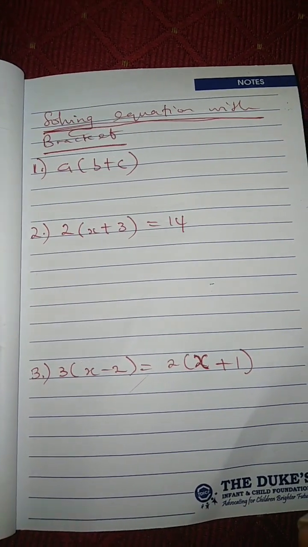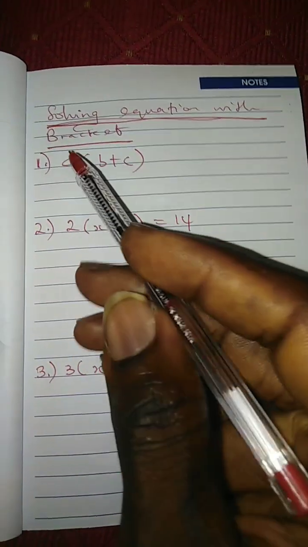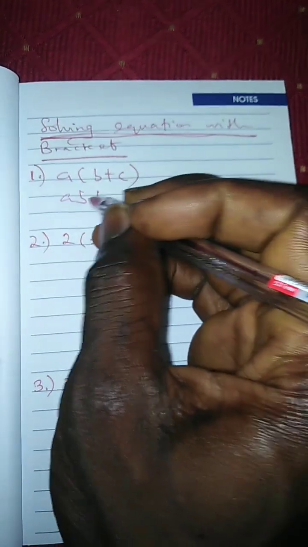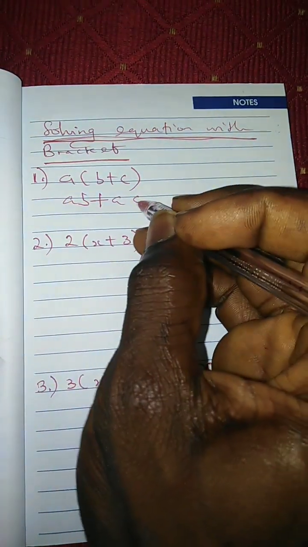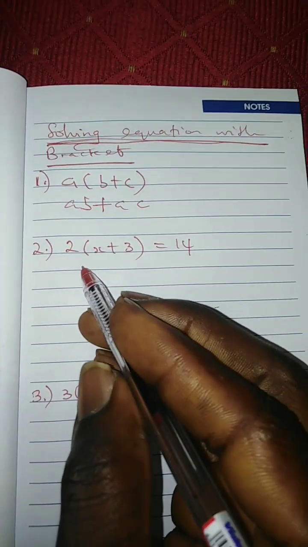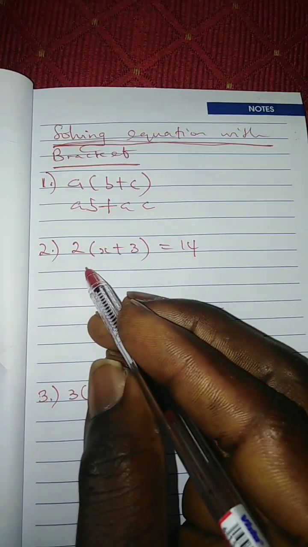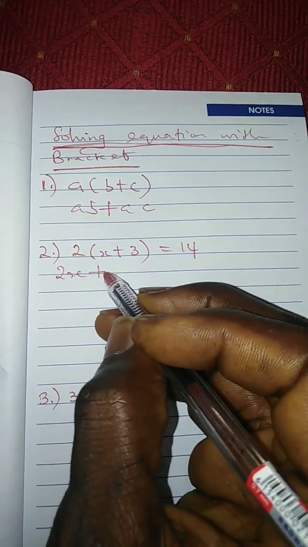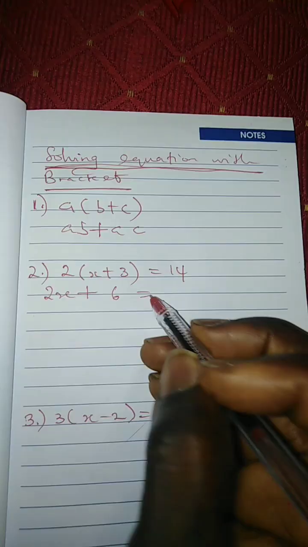Now solve equations with brackets. So this is a times b, ab, a times c, ac. For this part, I use 2 to multiply the bracket. 2 times x, 2x, plus 2 times 3 is 6, which is equal to 14.